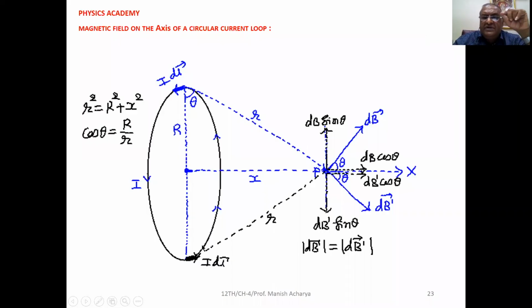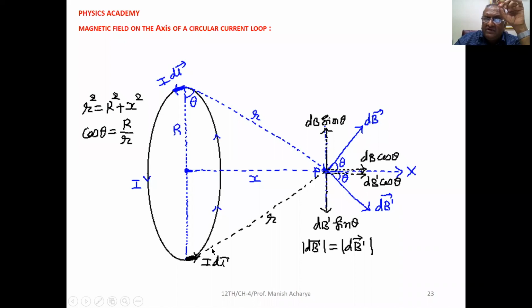Now suppose we consider another current element exactly diametrically opposite to the first element. The first one is represented with blue color, and the exactly diametrically opposite current element is represented here with black color.